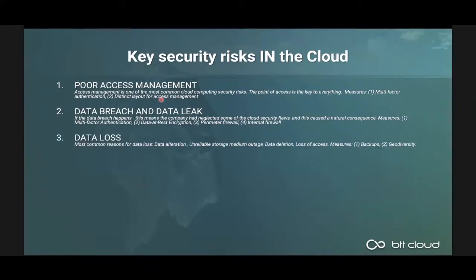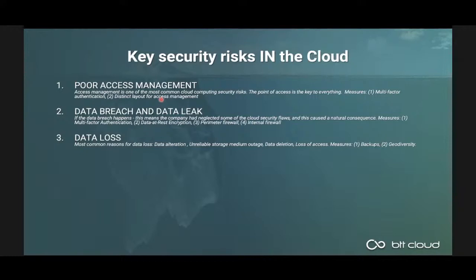Third point, third security risk is data loss. One of the most common reasons of data loss is data alteration or unreliable storage control. So what are the measures? Backups and geodiversity.